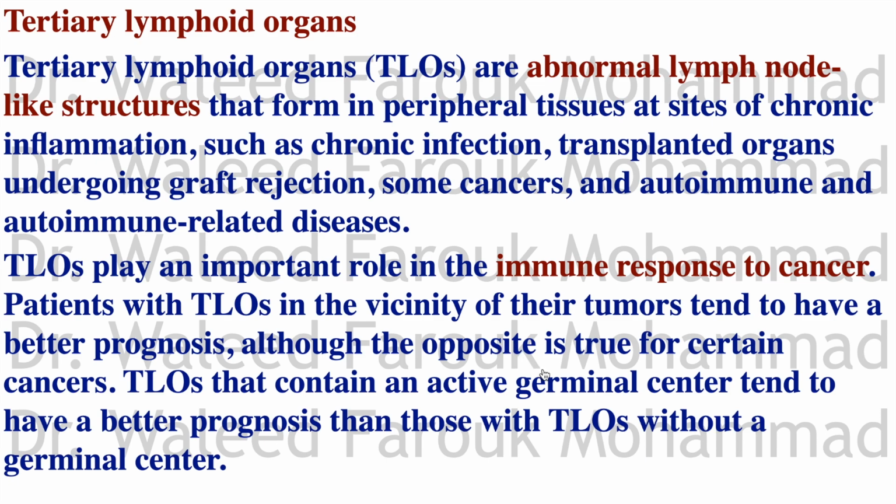They have an important role in the immune response to cancer, and patients with development of tertiary lymphoid organs have a better prognosis than patients with no development of them, because of course it aids in the immune response against the cancer or the disease occurring at that specific site.